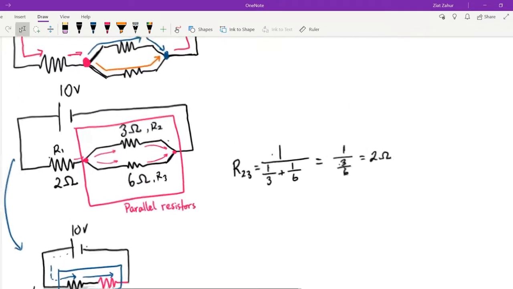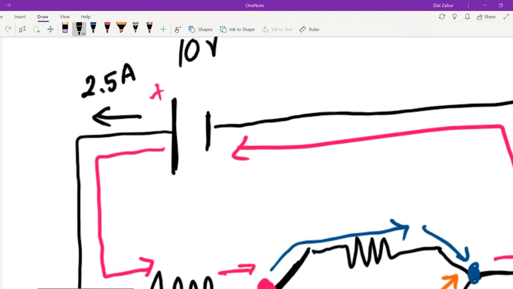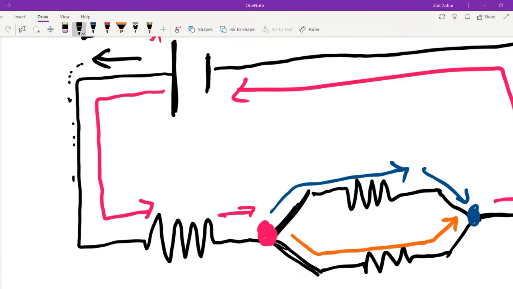So if I go back to the original drawing, this is 10 volts, right? So that means right here at the front, the total current, which is coming out of the battery, is 2.5 amps. Okay, so let's follow this current. This 2.5 amps comes out, goes through this channel here, keeps on going.